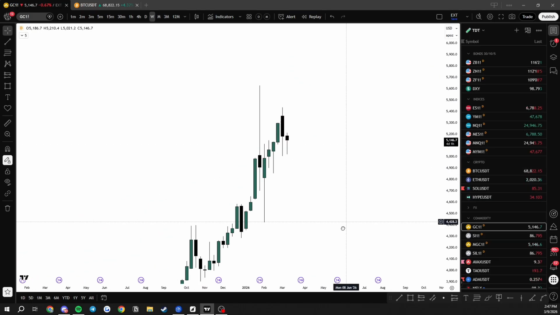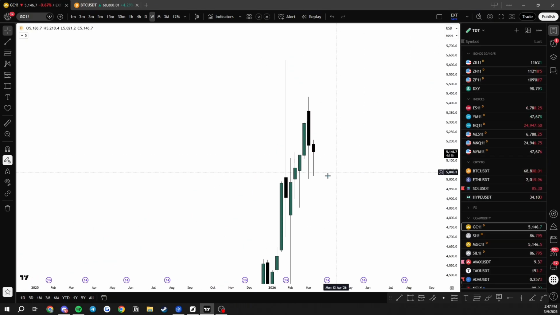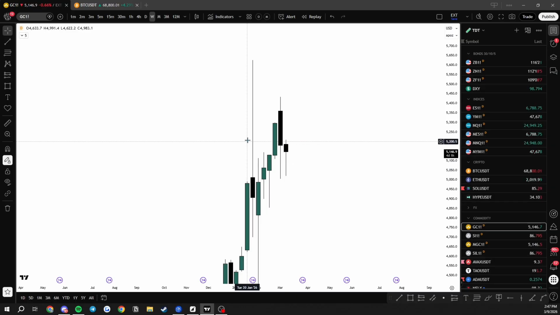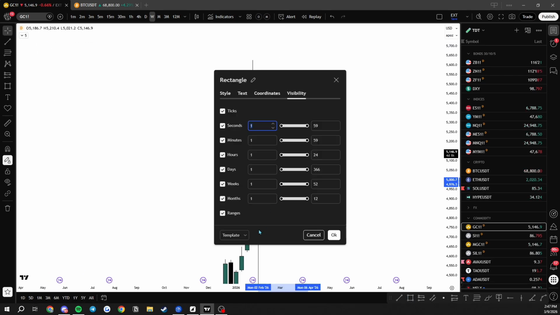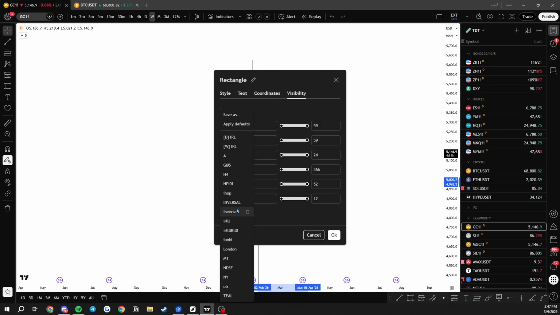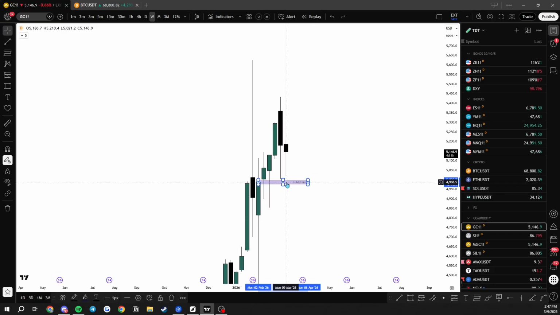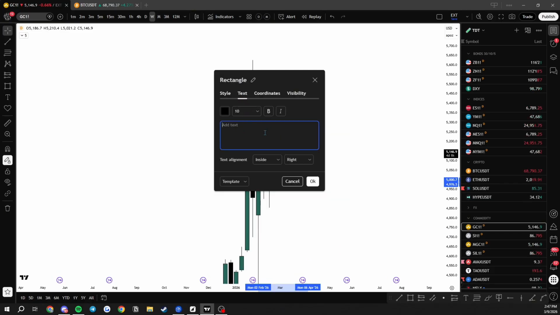So right now for gold, we can see I'm looking at this volume imbalance here.